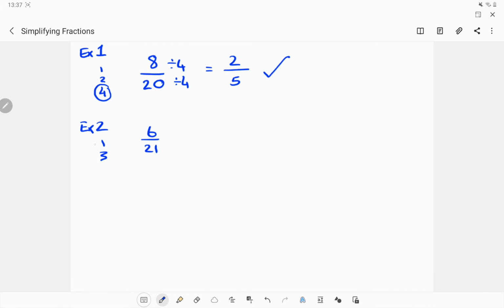So here we actually only have 2 factors, 2 things that fit into them both. So we go for the 3, the big one. We divide by 3, and we get 2 out of 7. And again, we check. Is there a times table with both 2 and 7? Because we might have missed something. But our answer is no, and we are done.